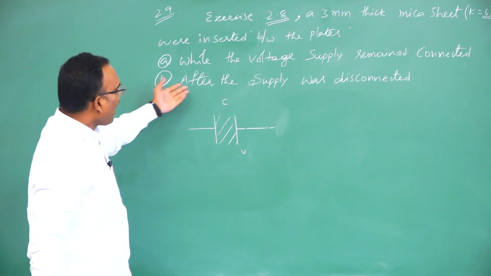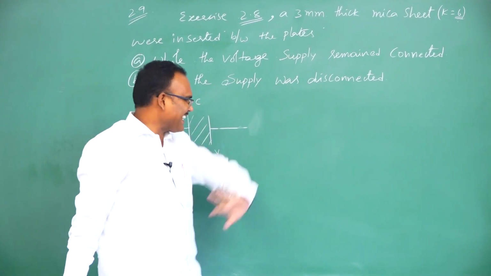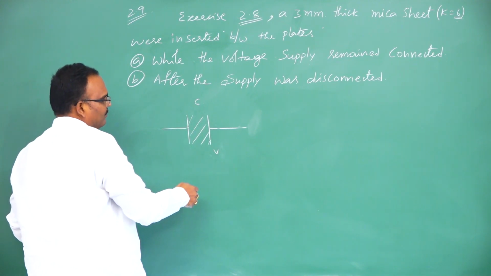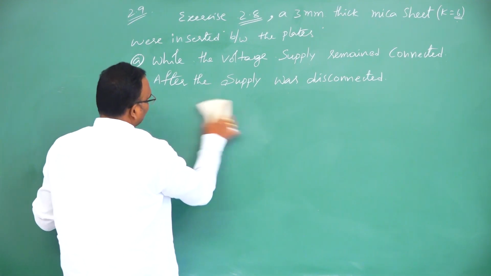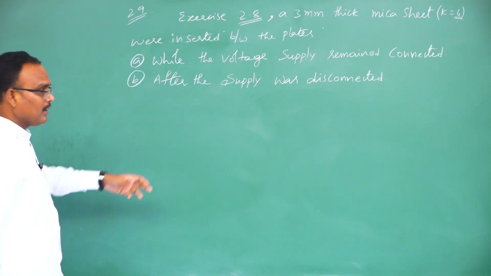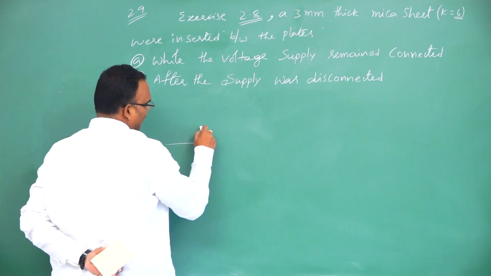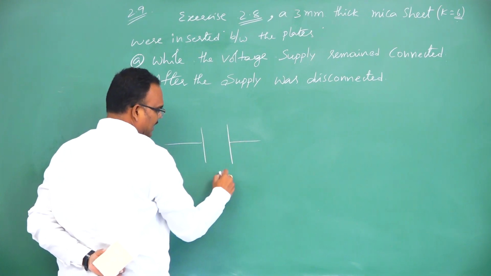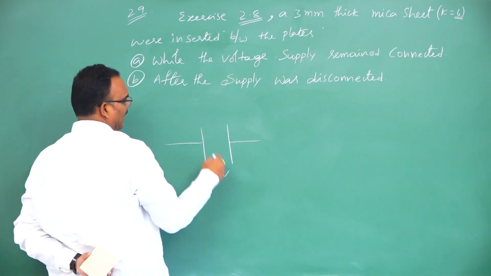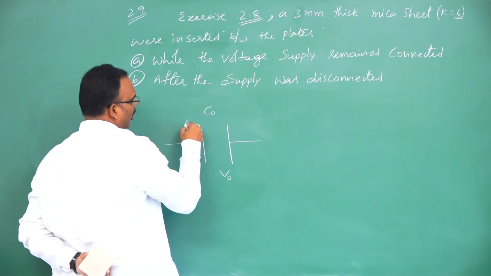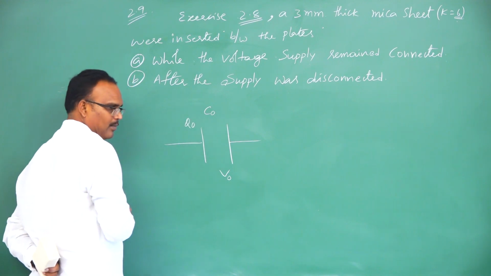Part B, after the supply was disconnected. That means when a dielectric slab is introduced, otherwise cut. For example, a capacitor is already charged to a potential V. So initial potential say V naught, initial capacitance C naught, and charge on the plate say Q naught.